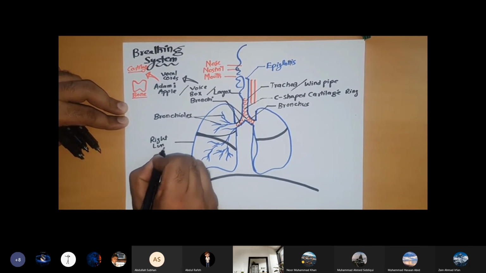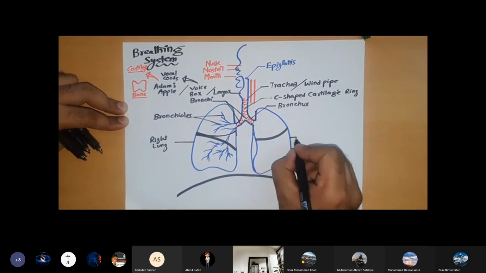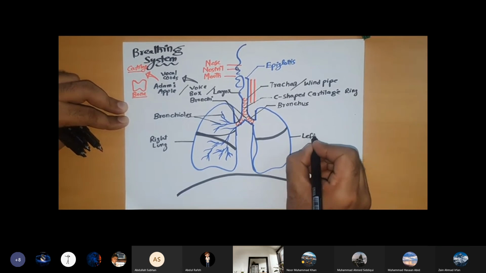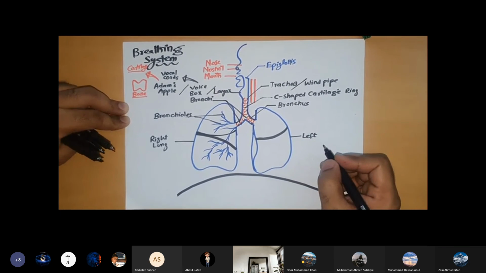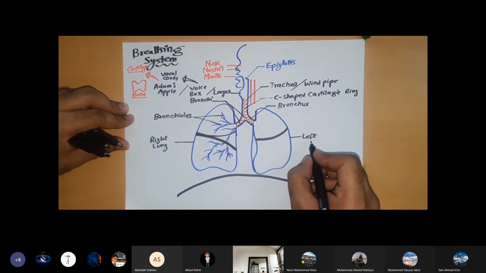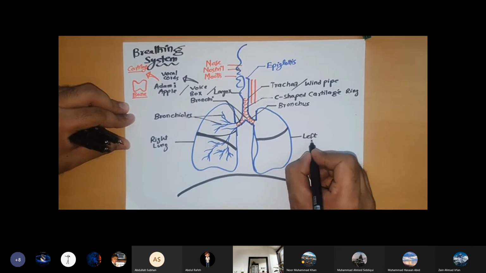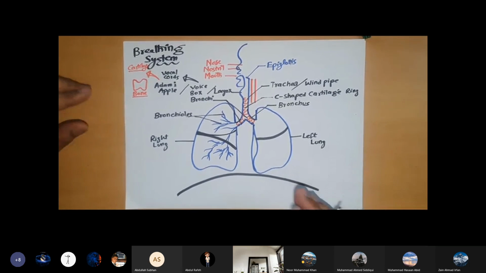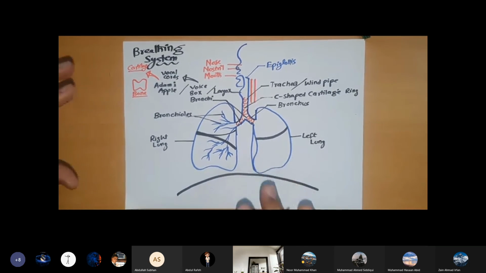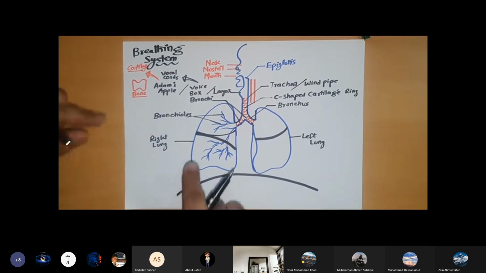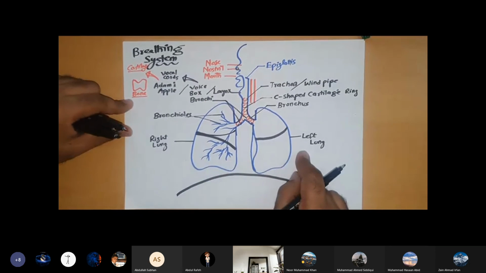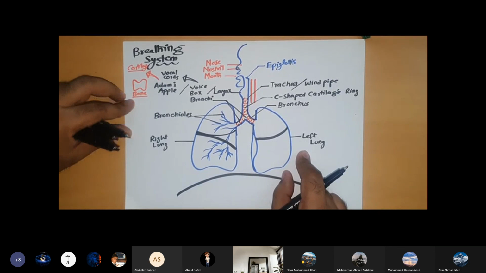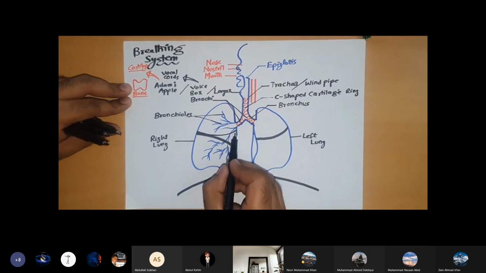Another thing, this one is the right lung, and this one is the left lung. During the lecture of the heart diagram, I taught you that we always label the organs according to their real-time position. If I place this diagram opposite to my chest, this will be the right lung and this one the left lung. Why did I draw this line?